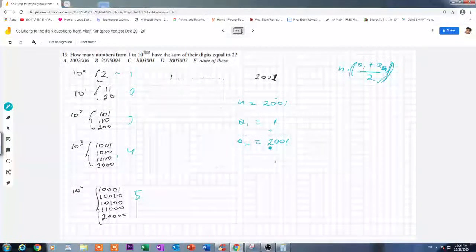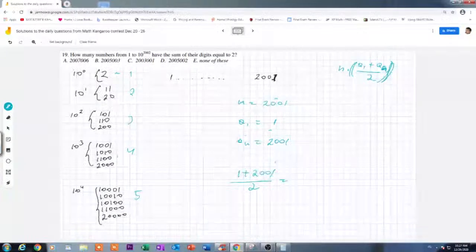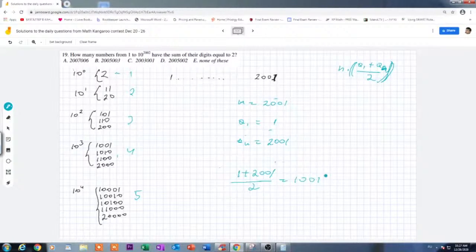So it will be 1 plus 2001 divided by 2 gives us 1001.